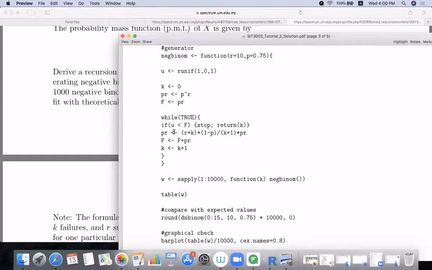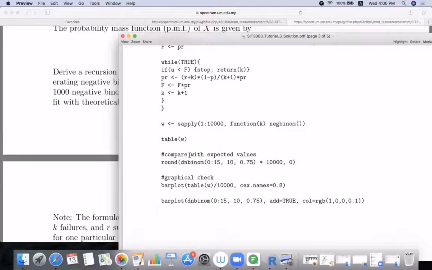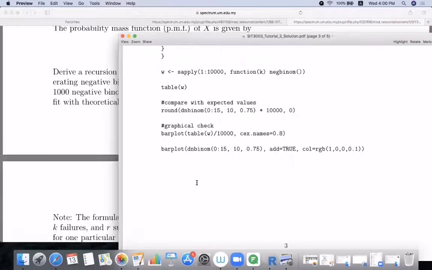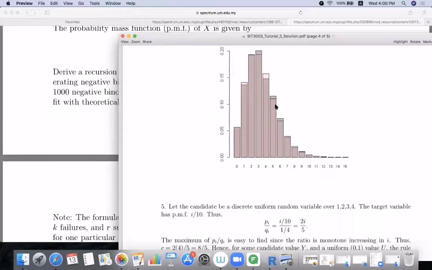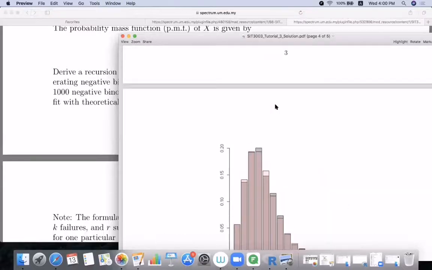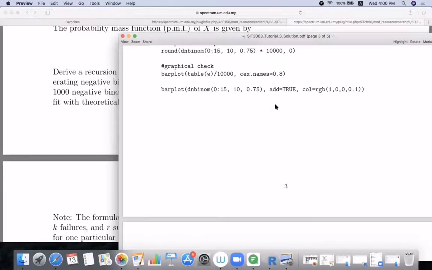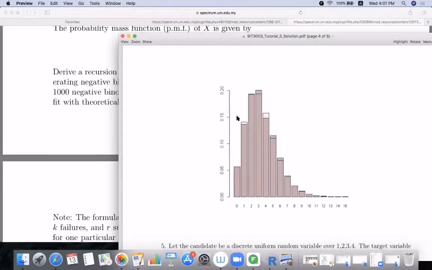Okay. So basically, this is for generating negative binomial, and this is for checking, right? In this case, another way to check is to use the bar plot. Okay. So you can check the bar plot, and it will look like this. Okay. The true value is in red, and the gray color is the observed one, right?